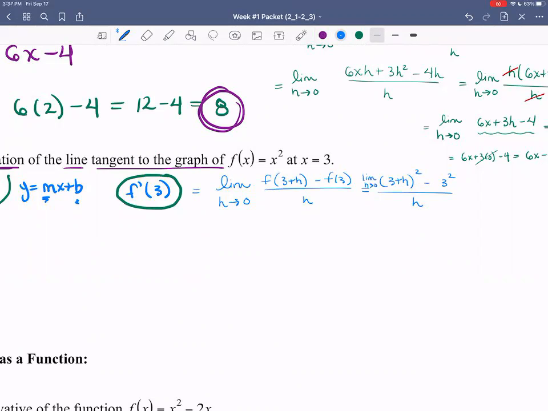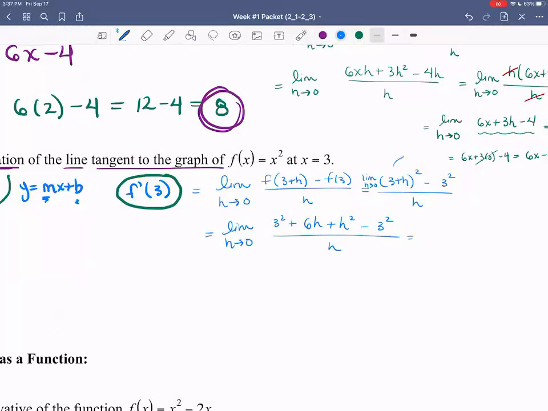We want to make sure we include that limit as h goes to 0 on each step until we've evaluated the limit. So this becomes the limit as h goes to 0 of 3 squared plus 6h plus h squared minus 3 squared all over h.